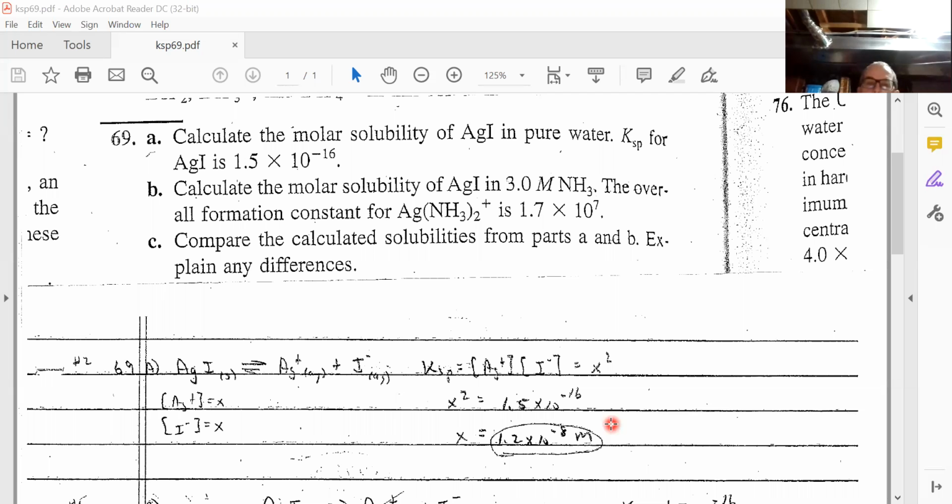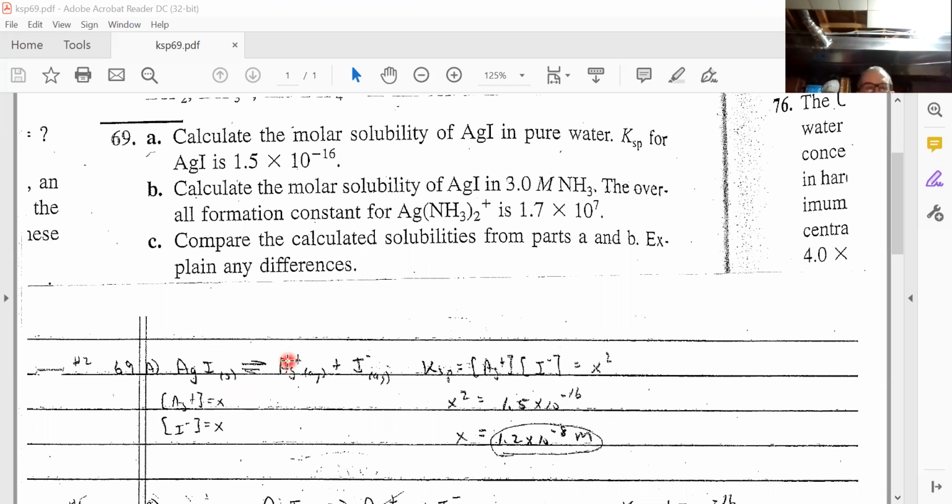Okay, let's think back to when we did the common ion effect. If we add Ag plus, it's going to shift equilibrium left and make it even less soluble. But in this case, we're doing this in NH3, which has the opposite effect. NH3 removes Ag plus, and by removing Ag plus, it should become more soluble.